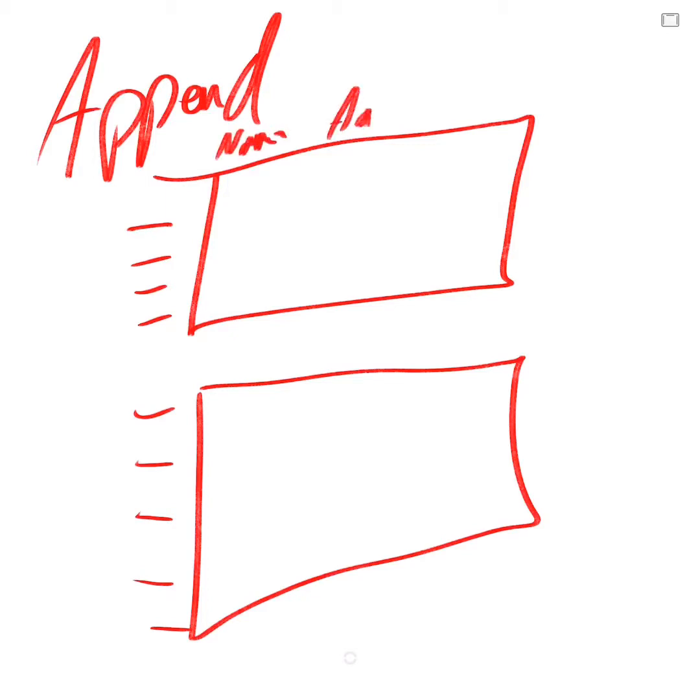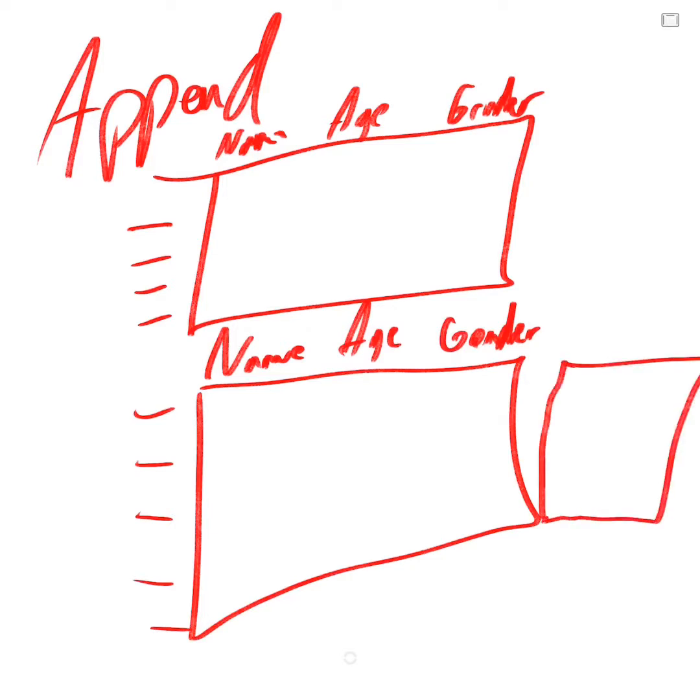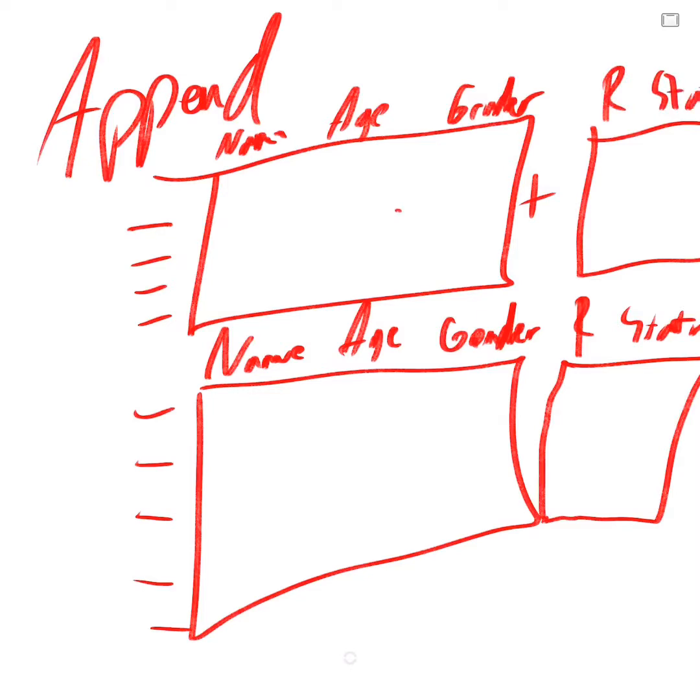So you can have name, age, and gender per se, and then this one will have name, age, gender, and you can either choose to just keep it to those 3, but then this one might have a 4th one for relationship status, where if you do append it, this one will end up getting an extra column, but because no one answered any of that relationship status in this situation, you'll end up with still an R status column, but everything will be null.